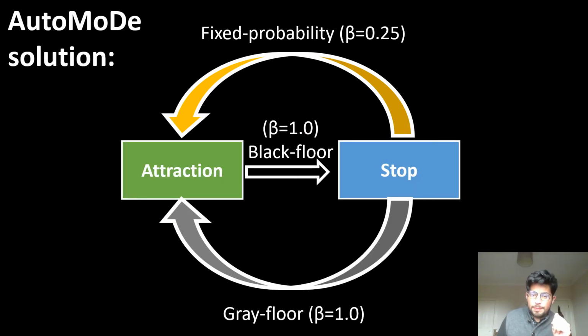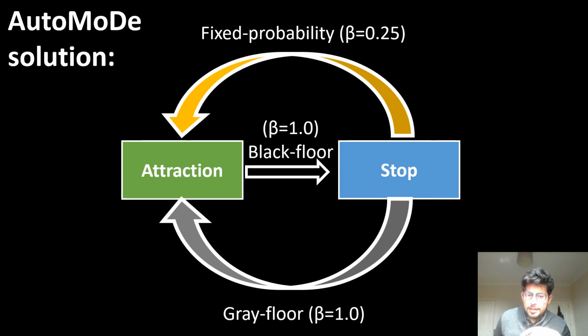And yeah, for the example that I was mentioning before, this is the result. Basically, all you do is move towards a group of robots. In this case, that's the attraction state. If you find a black floor, you stop for a little while. That's very important. For a little while, you're gonna be there.